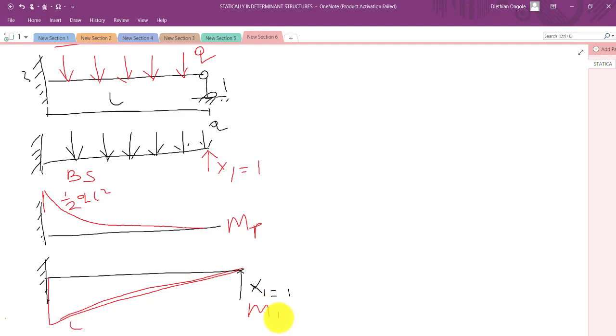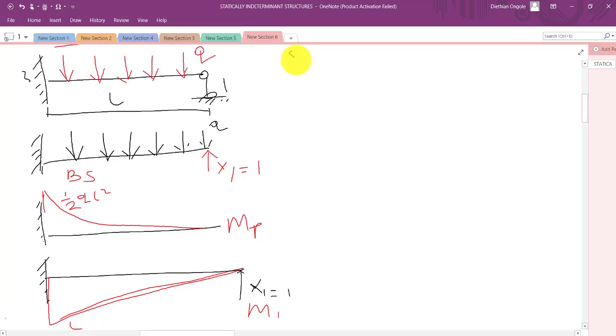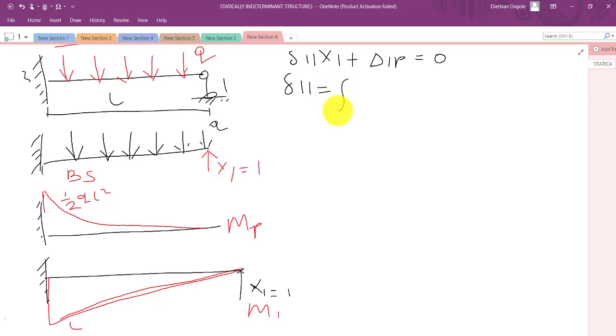Now the next part, we have to solve the equation given by delta 11 x1 plus delta 1p is equal to 0. That means we need to first find delta 11 and then delta 1p. So delta 11 is given by the integral of m1 times m1, divided by EI, ds.